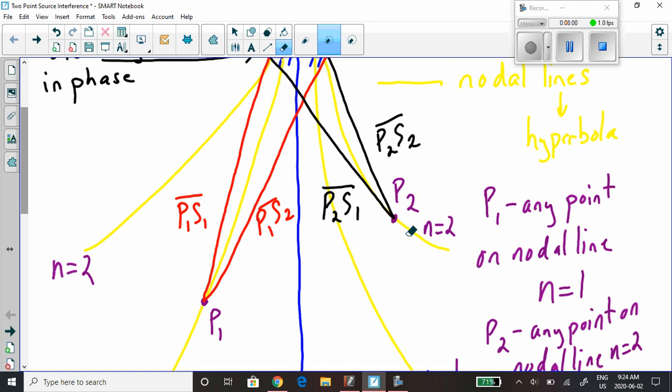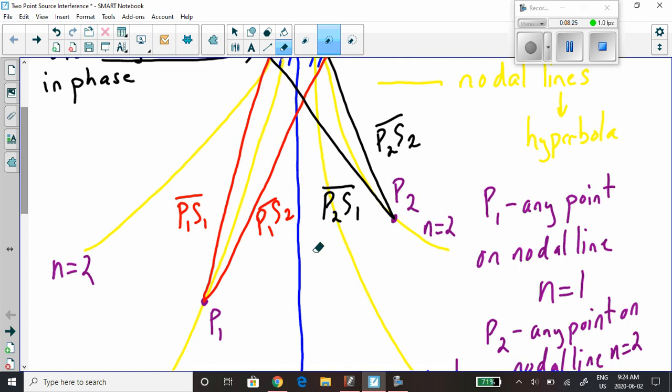Since this is the first time, we call this line the first nodal line, or nodal line n equals 1. Nodal line n equals 1 is symmetrical. There's one on this side and there's one on that side. Now, the second nodal line, we call nodal line n equals 2 because it's the second one.